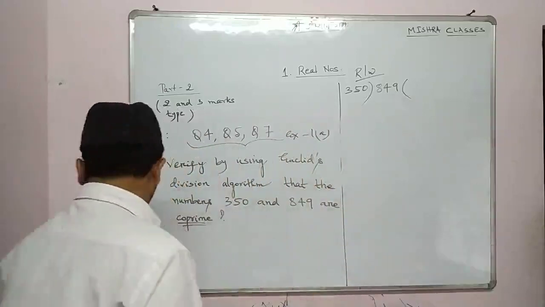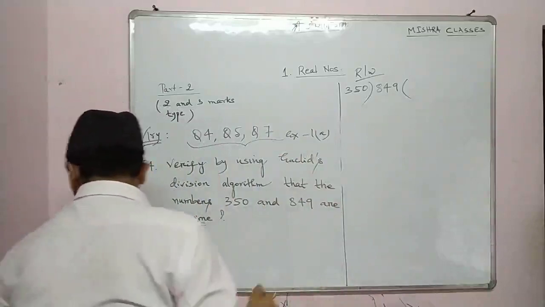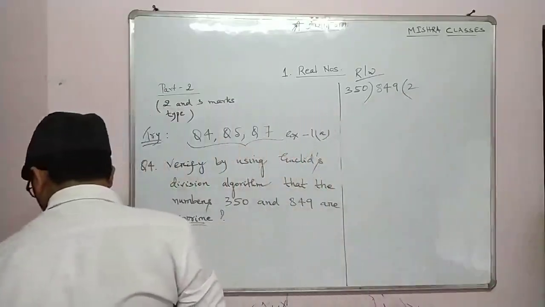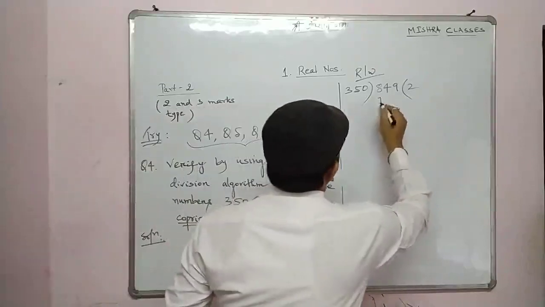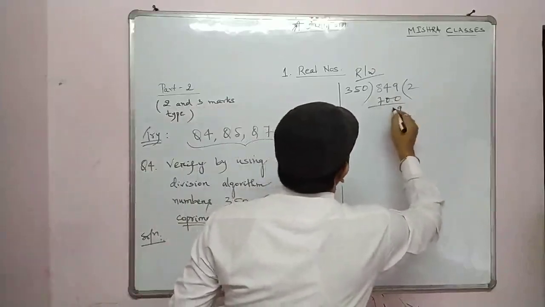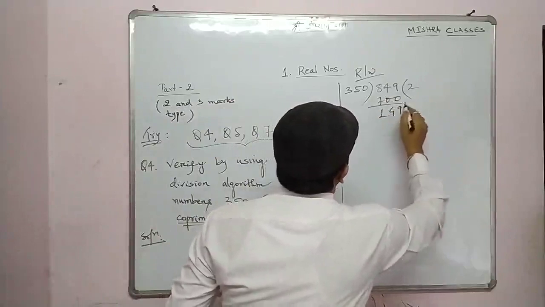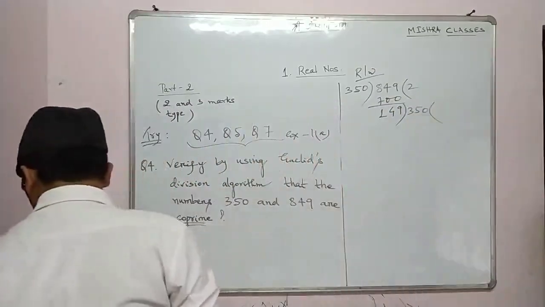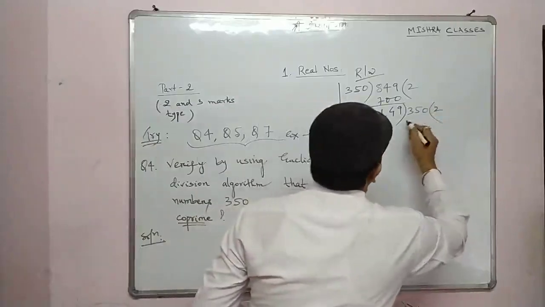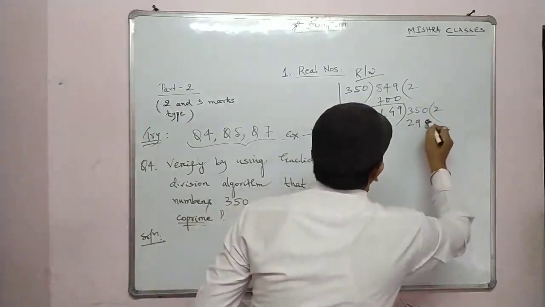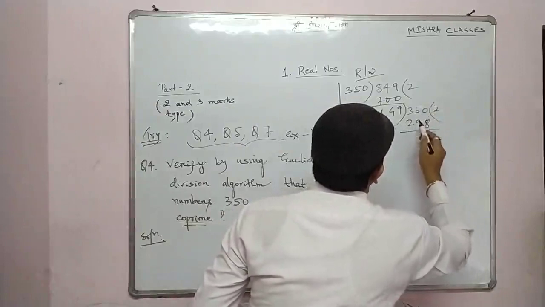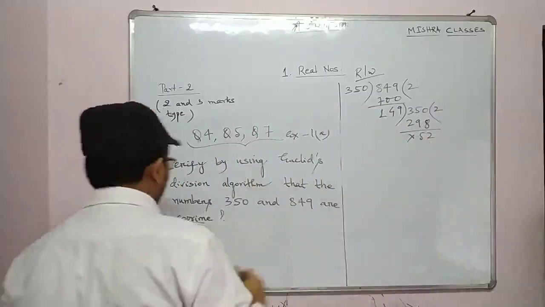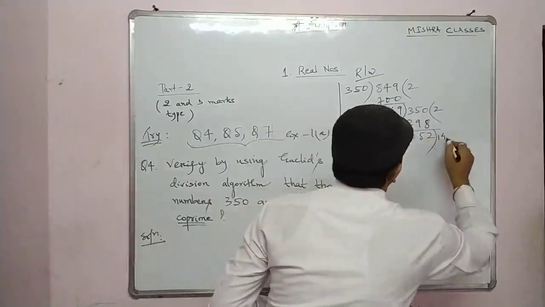Now 350 2 times is 700. Subtracting, we get 149, then 350. Now 149, how many times? 2 times, so we have 298. 350 minus 298 gives 52.